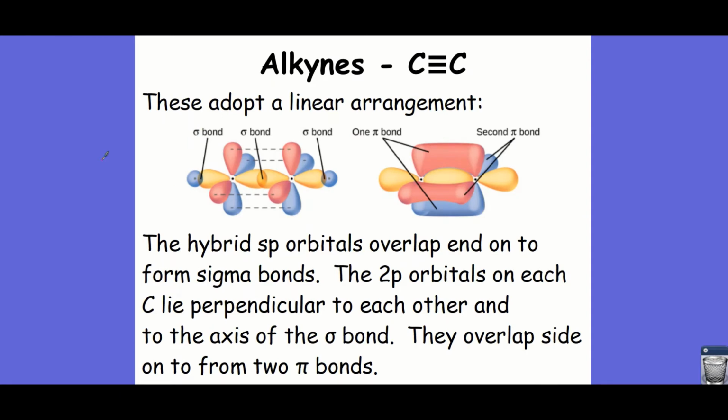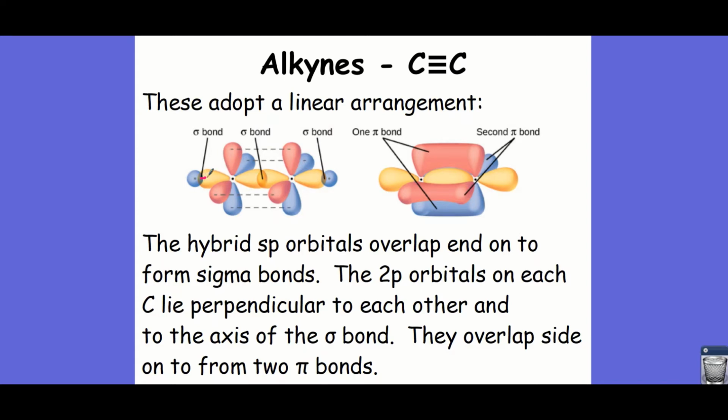So here we have some diagrams showing you the arrangement of the orbitals in an alkyne. These yellow orbitals here represent the hybridized sp orbitals, and you can see that they lie in a nice linear shape. We have a hydrogen here and a hydrogen here, forming a sigma bond with the sp hybridized orbitals.